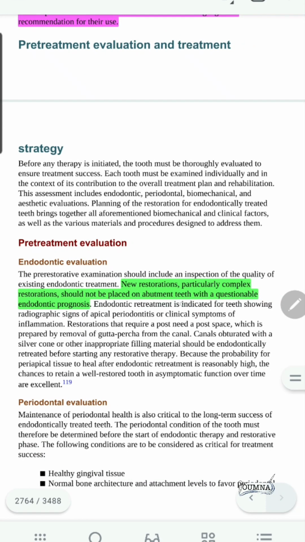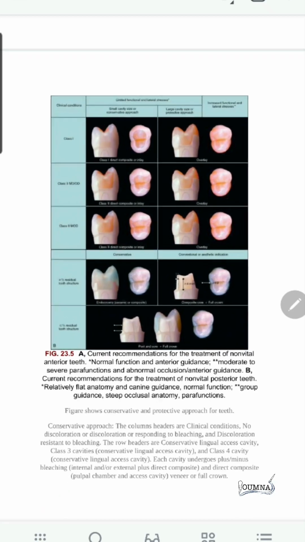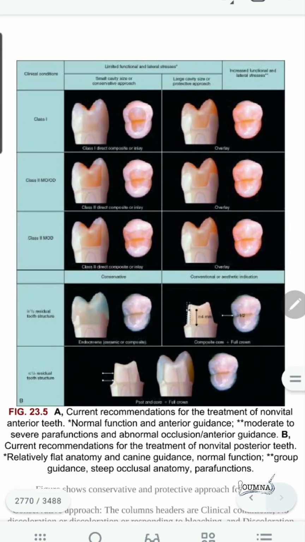New restorations should not be placed on an abutment tooth with a questionable endodontic prognosis. These are the rules to choose the restorative material. For a class 1 restoration where we have a minimal amount of tooth loss, we can do a direct composite restoration.